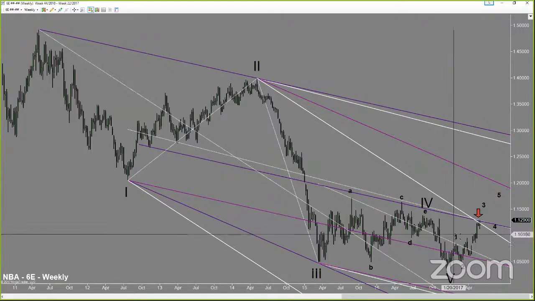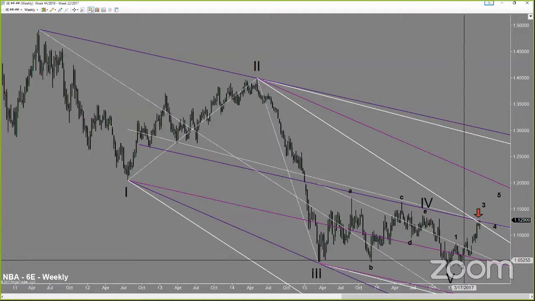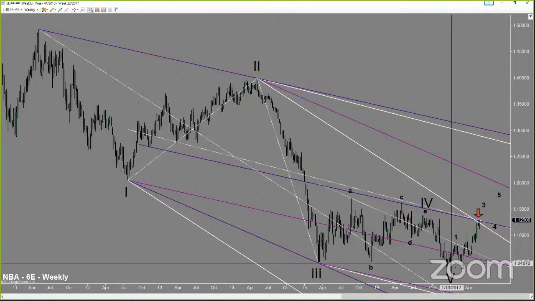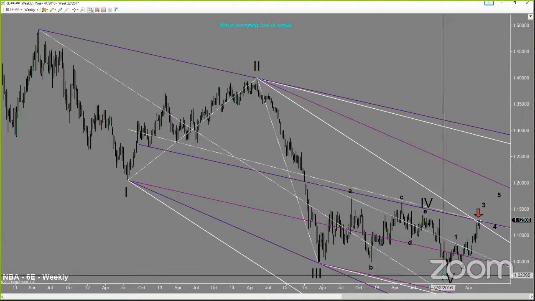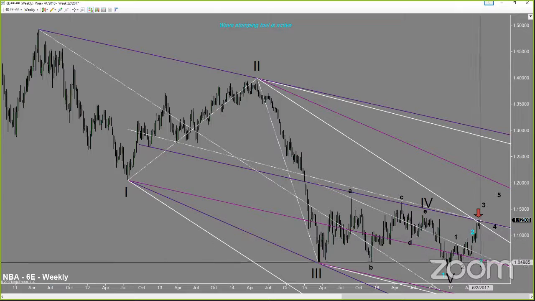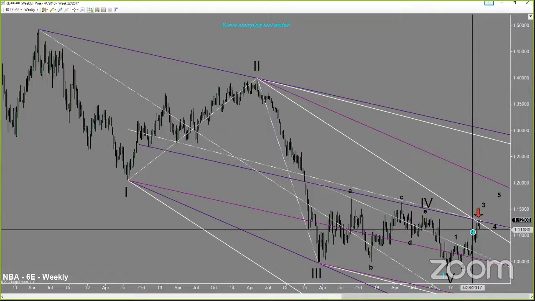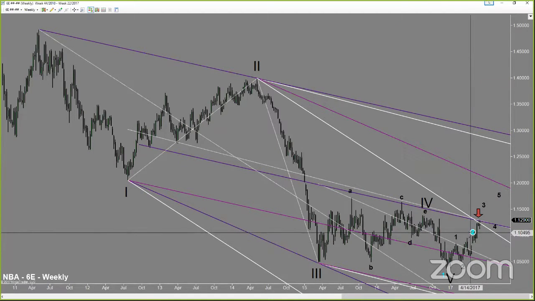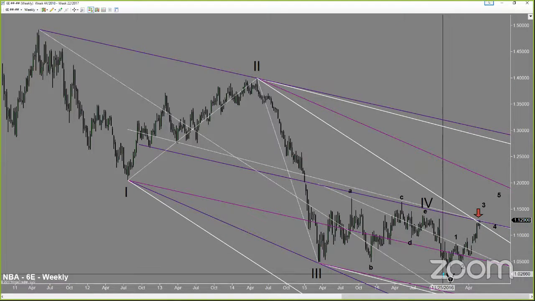Originally, we were thinking, well, this could be just the first wave down, like this, 1, 2, and then we were thinking, okay, now we'll keep heading lower for a larger fifth wave. And obviously we didn't stop there. We kept coming higher.